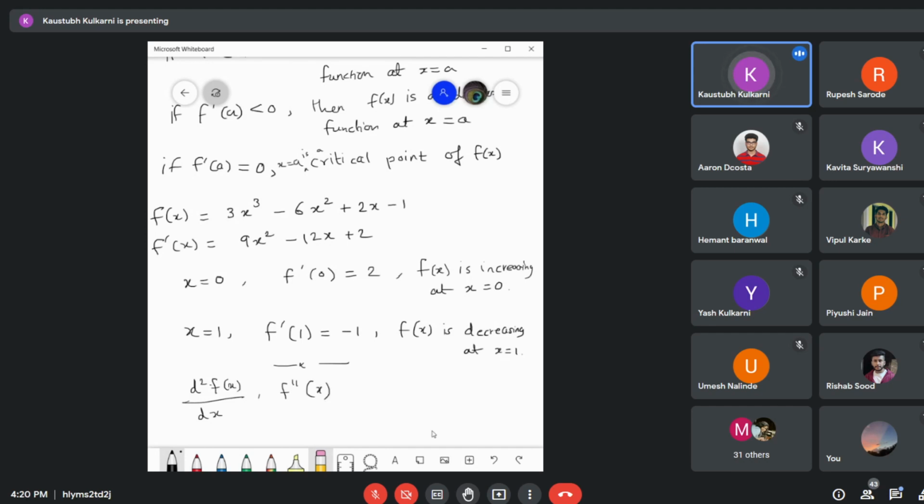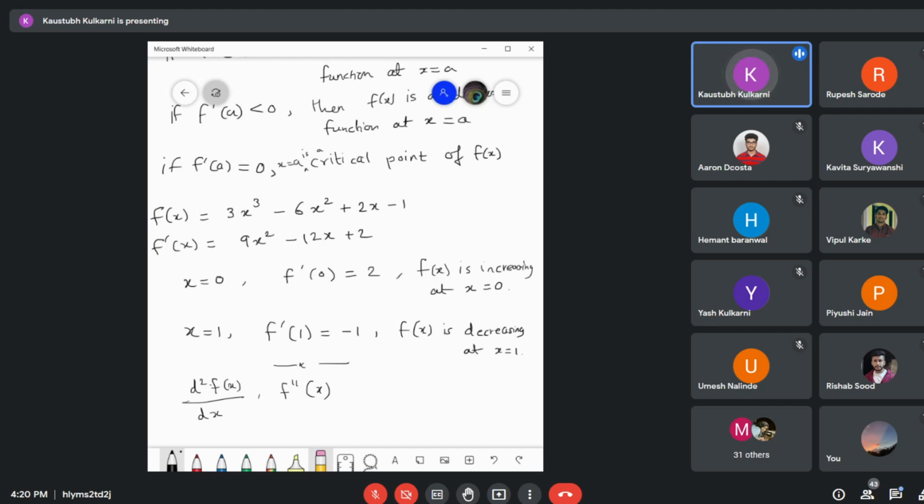The second derivative of the function is the derivative of the first derivative of that function. So f(x) was a function and the first derivative of f(x) is 9x square minus 12x plus 2. This is like another function in itself. When you find its derivative, you get the second derivative.